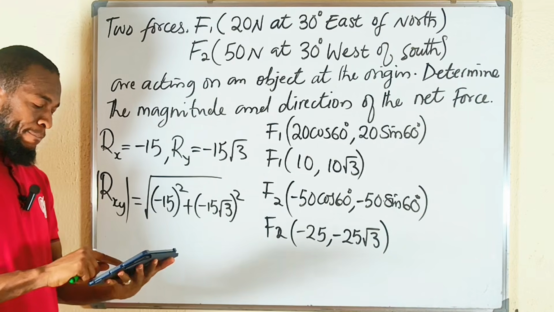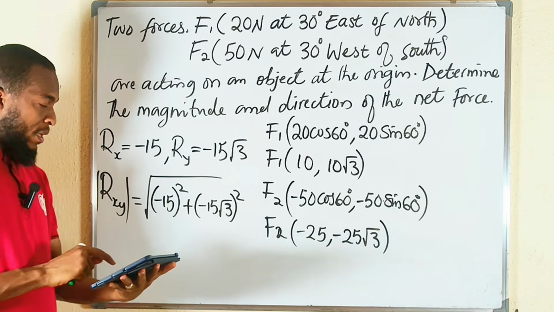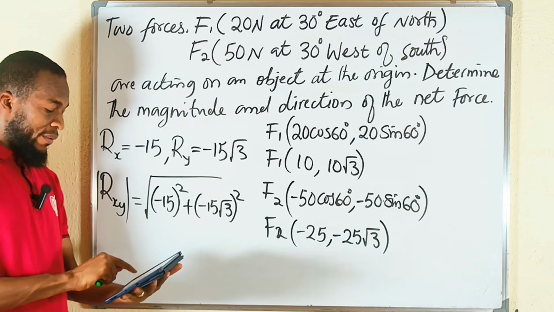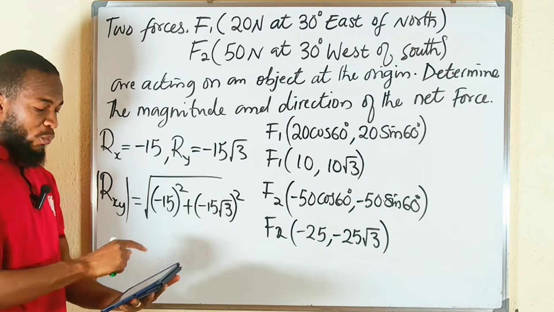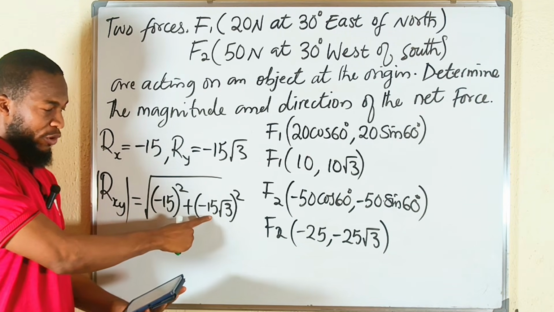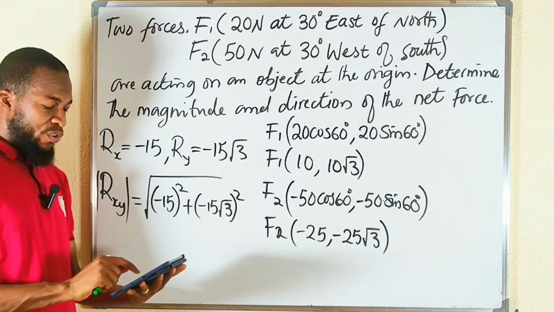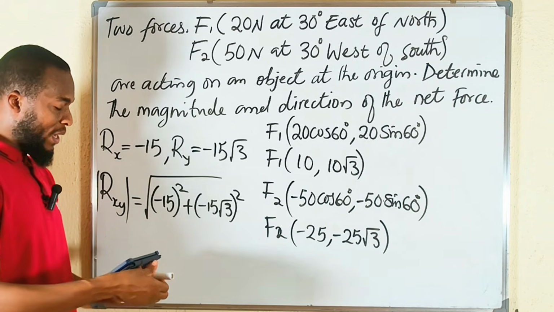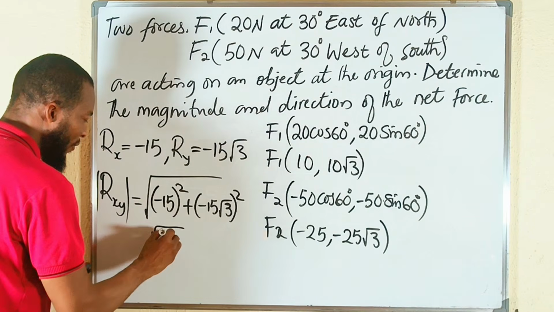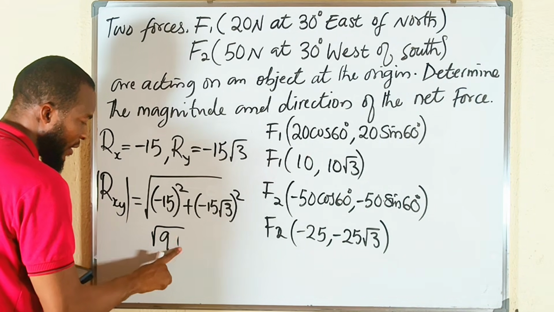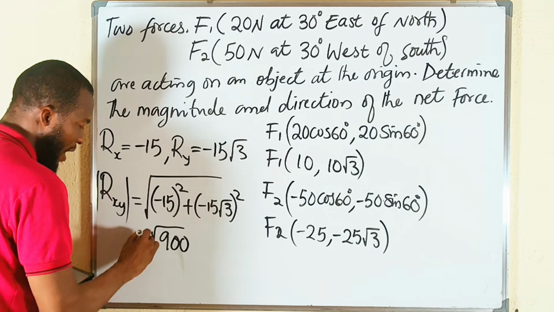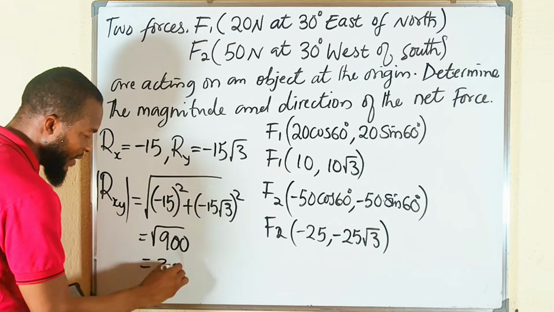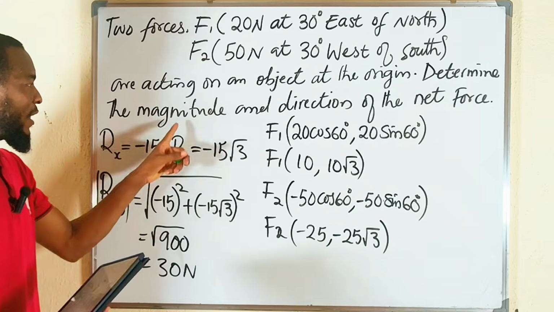Just a moment. This is going to give us 225, which is this one. Then this one is going to be 225 times 3, which is 675. If you add together, you get 900. So this is square root of 900. And this is going to give us what? 30 newtons, right? 30 newtons. So we are done with the magnitude.